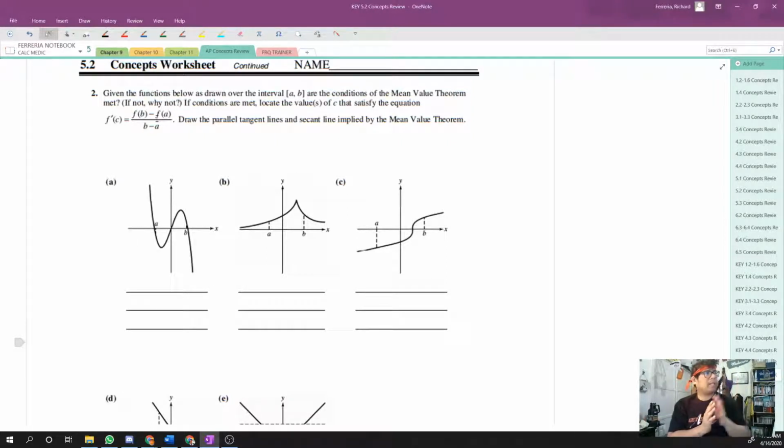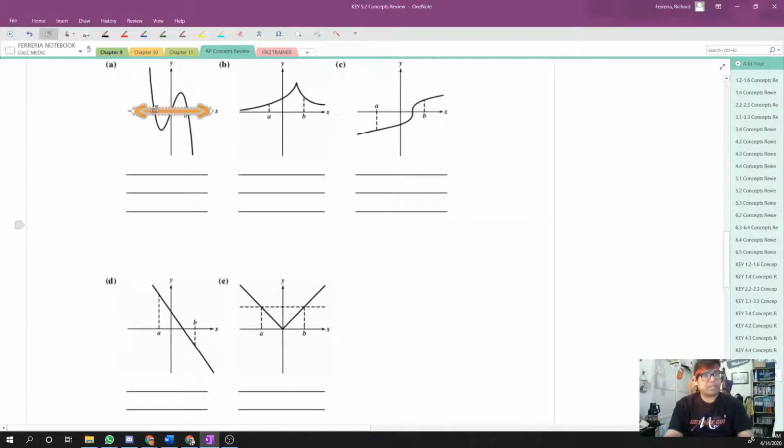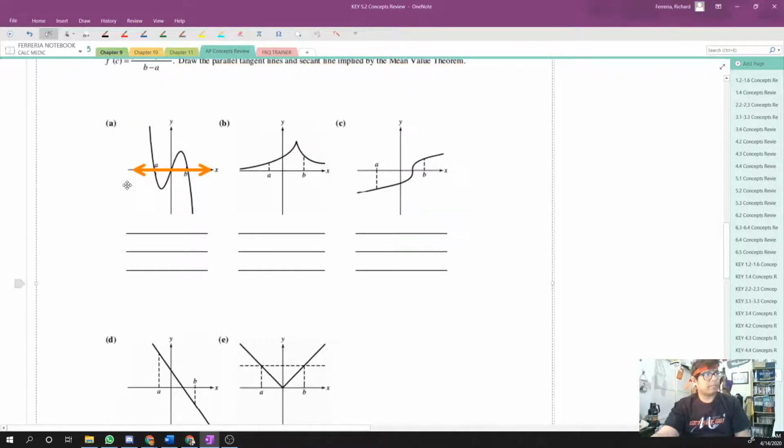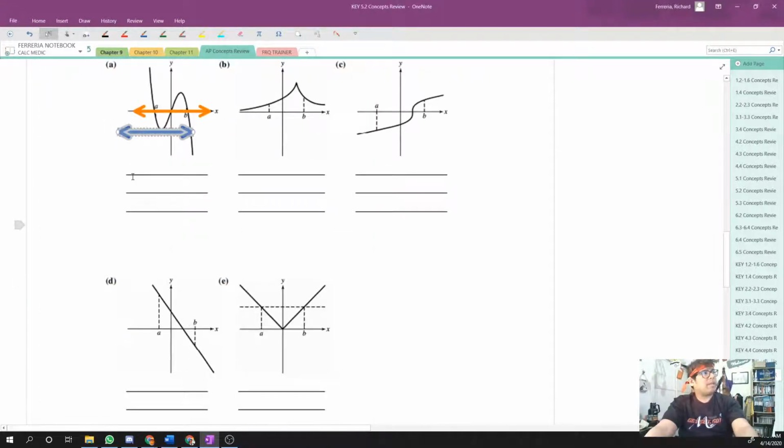So if I take a look at letter A, we have a place where the function is continuous at every point between a and b, continuous and differentiable. So let's take a look at what that secant line looks like. There's the secant line. It connects a and b. And then are there any places where the tangent line is parallel to the secant line? Well, I think I've identified two of them, right there and right there.